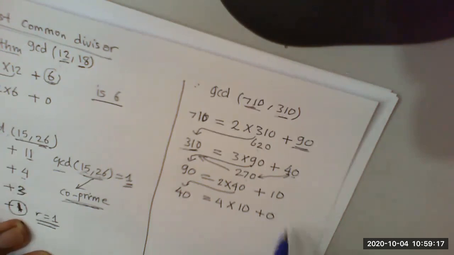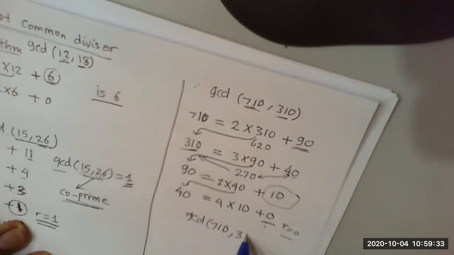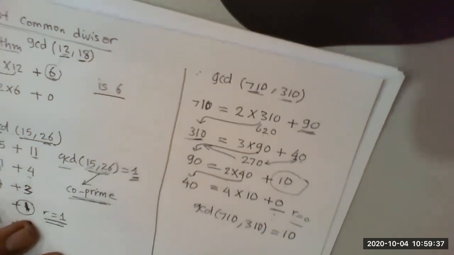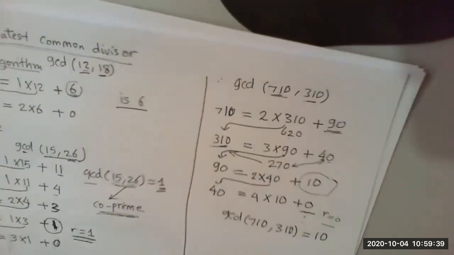This means I get the result here because the remainder equals 0. This means I finished the algorithm. If I finish the algorithm, this remainder is the greatest common divisor. So the greatest common divisor of 710 and 310 equals 10. This is the greatest common divisor of these two big numbers.